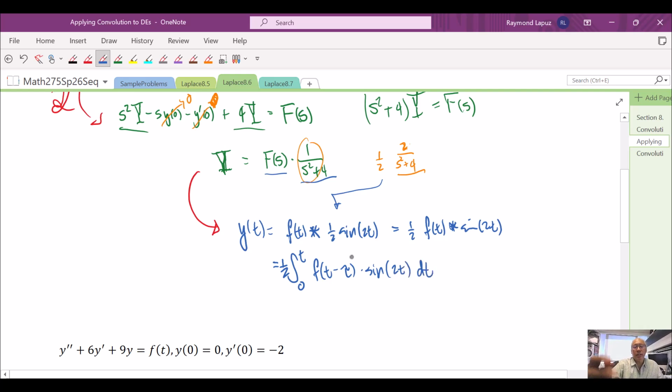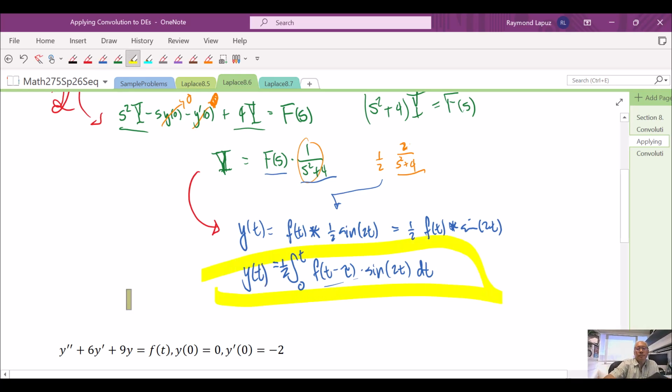Now, depending on how difficult your f function is, you may want to put the sine 2 times (t minus tau), and then just have this as f of tau, because it's commutative. You can switch the order of the convolution, but you can leave it like this, and this would be fine. So this is your solution for this problem. Okay. All right.